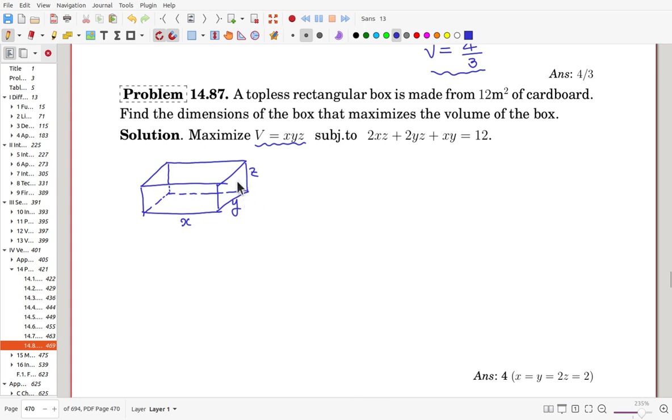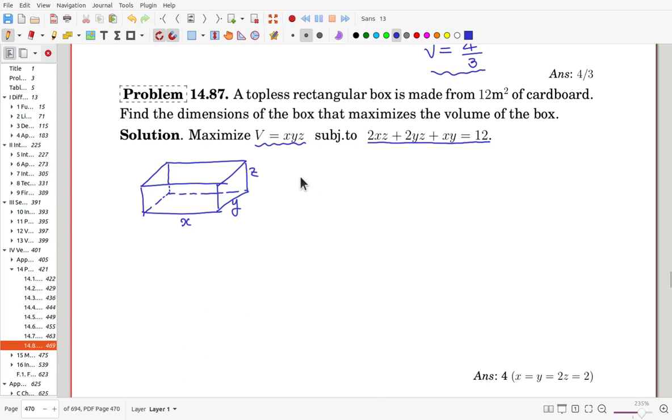And yz is the right side, and we have a left side, so twice that. The bottom area is xy, but it is topless, so we have 1 xy. The total area must be 12. So we have to maximize this function subject to that constraint.